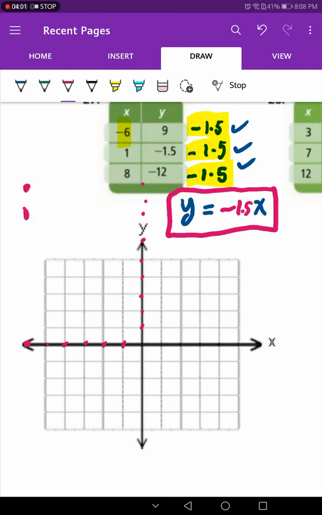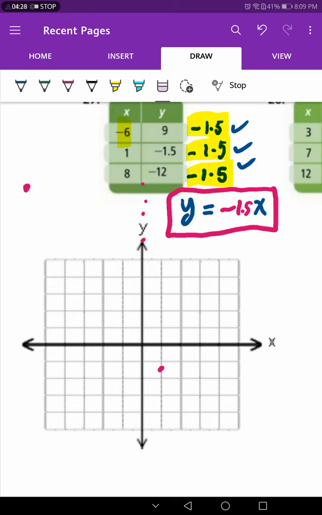This is the first row, the negative 6 and 9. Then 1 and negative 1.5: 1 to the right, and then 1.5 down. It will be here.